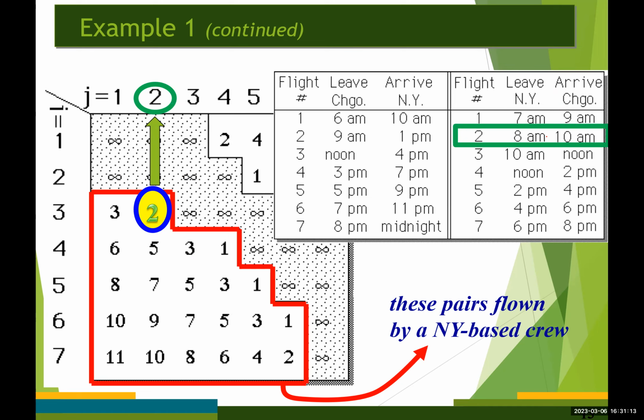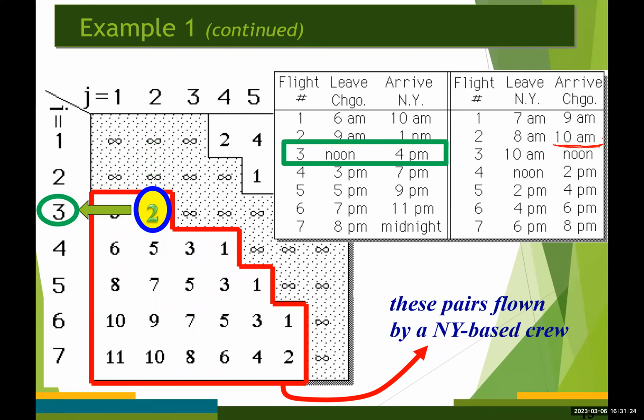So he will arrive in Chicago at 10 o'clock in the morning, and then he will take flight number 3 at noon to come back to New York City, which is his hometown. So in this case, the layover time would be 2 hours, from 10 o'clock in the morning until noon. So that's why we obtain this 2 hours of layover time for this pair.